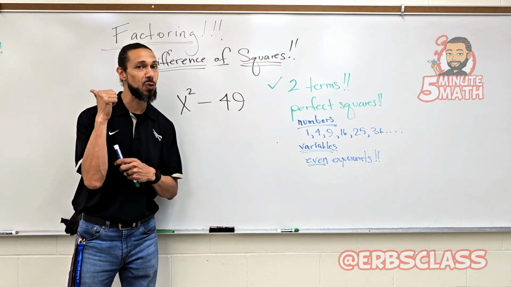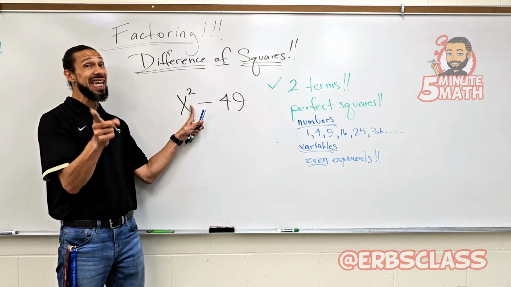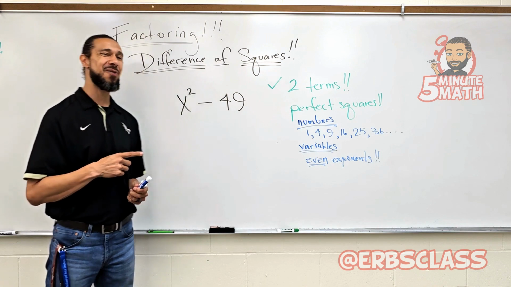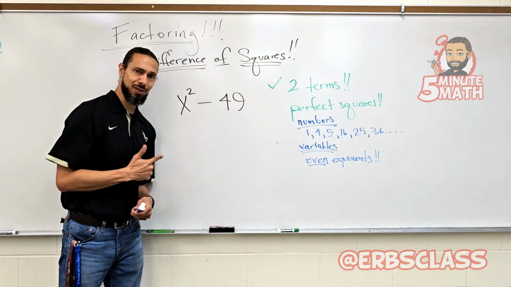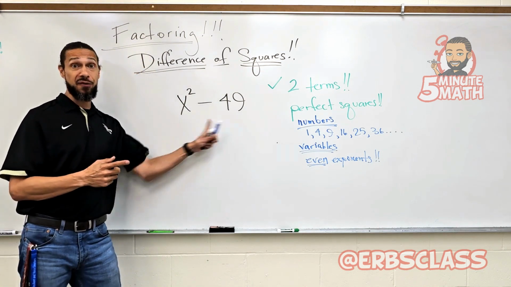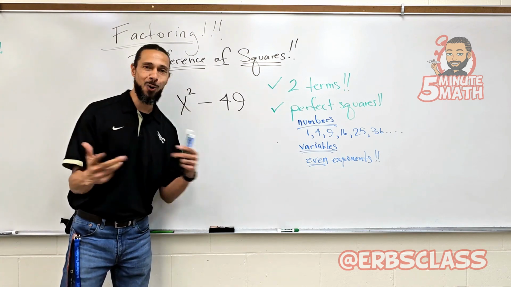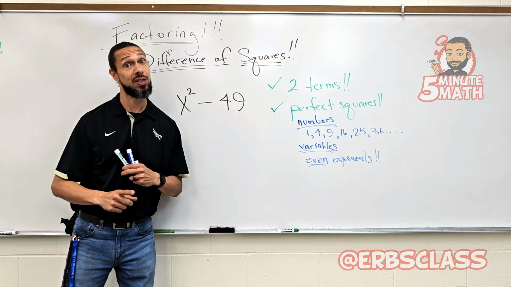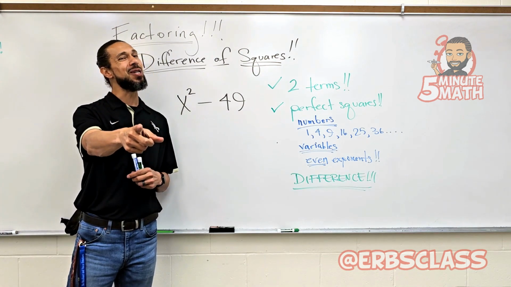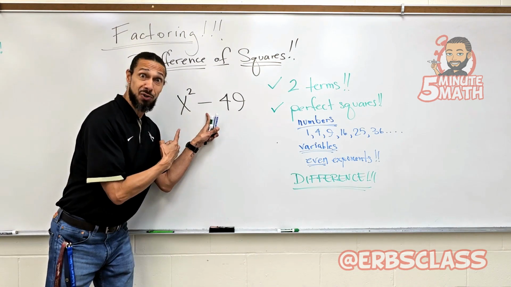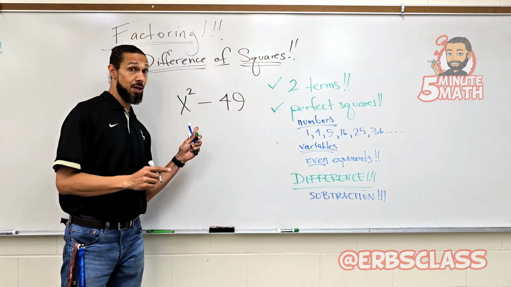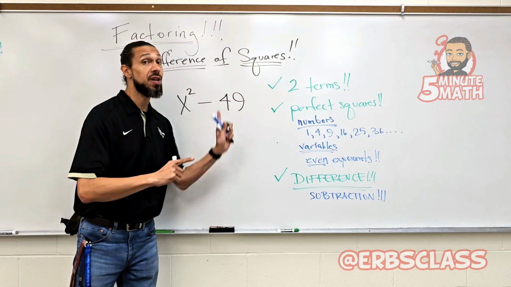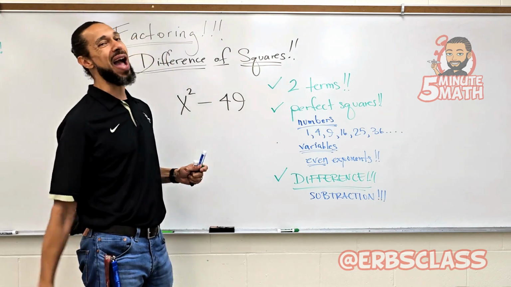Remember from our exponent rules, this is a perfect square if I can divide that exponent by 2. So x times x will be x squared. Okay, do we have perfect squares here? Check. And the last thing we have to make sure of is a difference. You know what difference means: subtraction. Check.